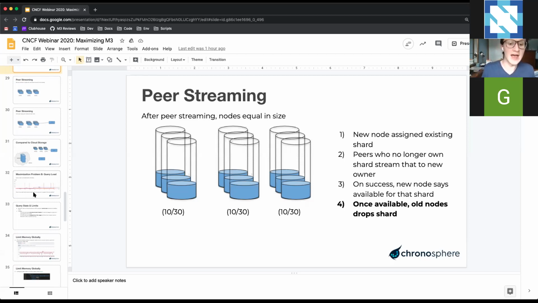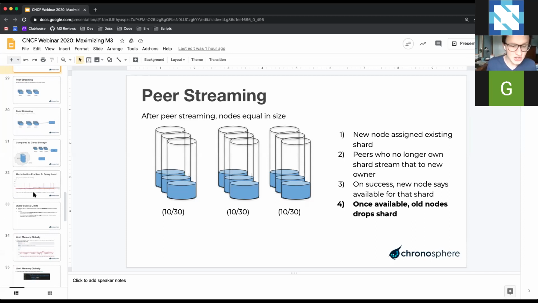And so when a query is issued, that query fans out to all of the different nodes. Each node is responsible for matching the relevant series data for that query, and then returning it back up to the query service, which then pulls it all together to return to the user.